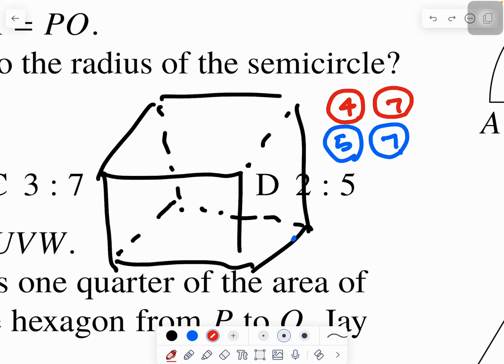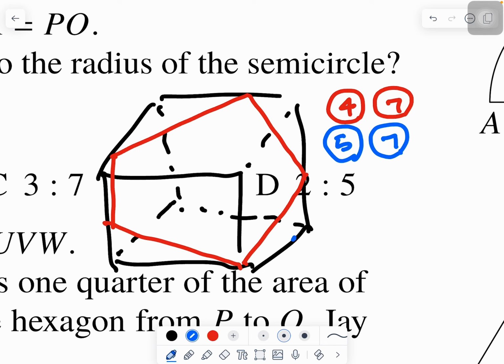If I make it a pentagon, let's say like this, then like this. So let's say the red one is not shown. 1, 2, 3, 4, 5, 6.